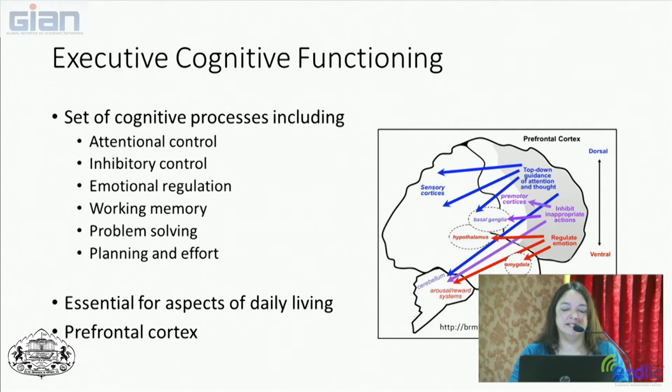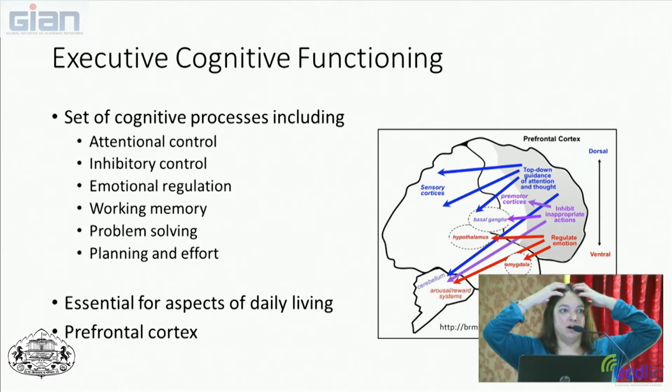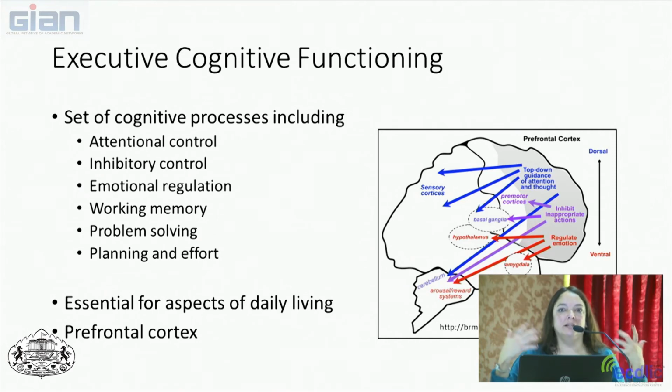Okay, so the executive cognitive functioning, which is a top-down process, as I mentioned before, is a set of cognitive processes that involve attentional control, inhibitory control, emotional regulation, working memory, problem solving, planning, and effort. So we're getting all the sensational and sensory information that's coming up, and then our cognitive control is allowing us to act appropriately in response to that.